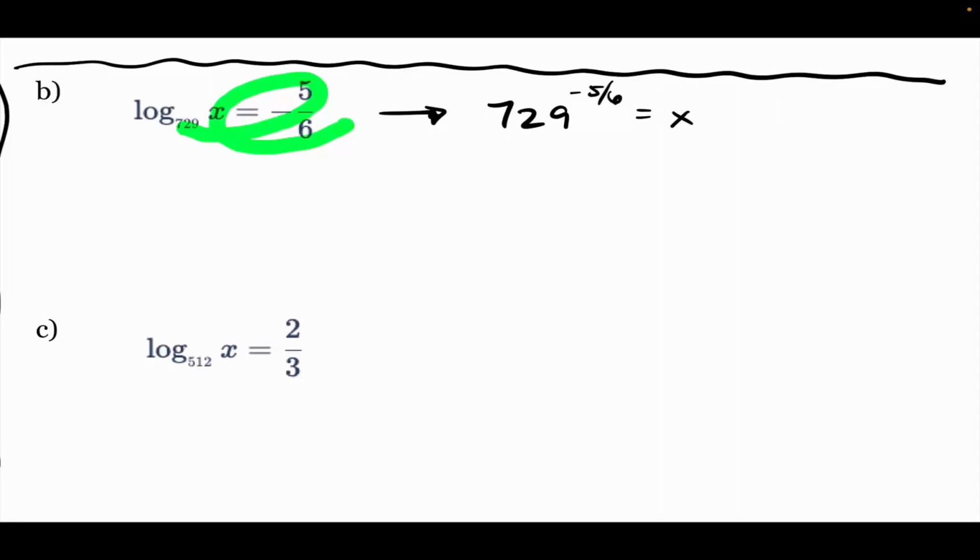Negative power, move it to the bottom. First step. So it becomes 1 over 729 to the 5/6.